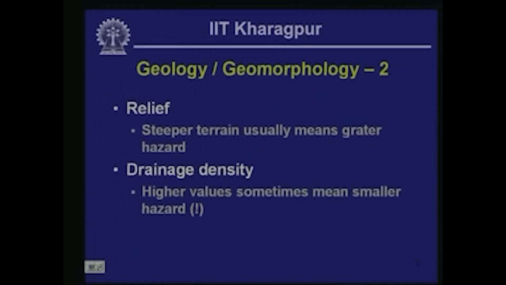You could argue that the point I am trying to make here is counterintuitive, and the explanation is as follows. If you have got a greater drainage density, that means a greater amount of runoff is exiting that area as surface runoff, and very little is getting into the material underlying the slopes.